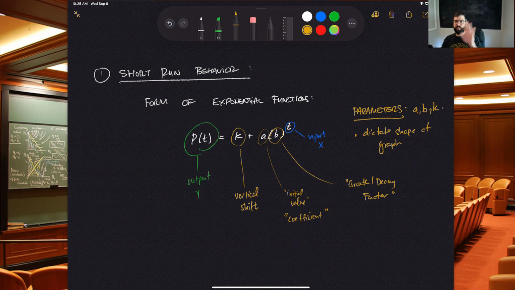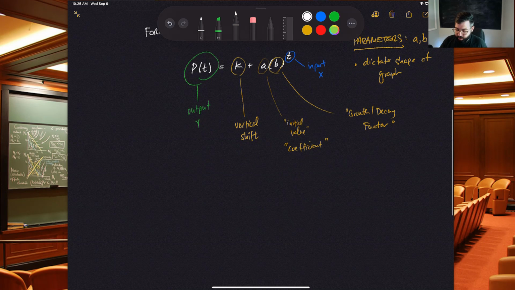So these are the three parameters that shape the whole graph, that change the relationship. The input and output by themselves don't really impact it that much, right? Just like with a line, the slope and the y-intercept dictate where that line lives. These three parameters are like the three dials, you can think, that change the form of the exponential function.